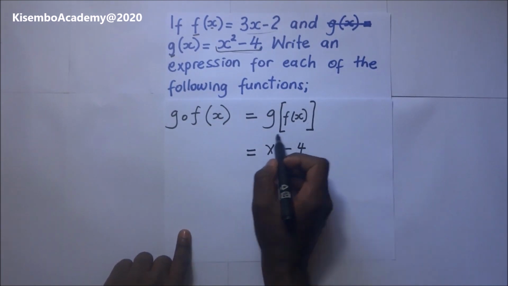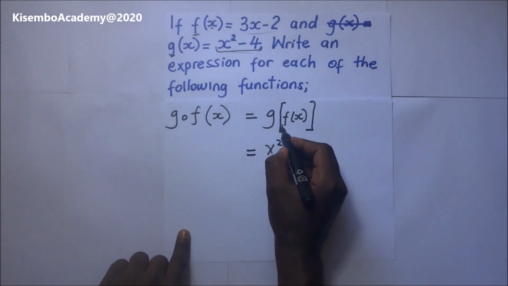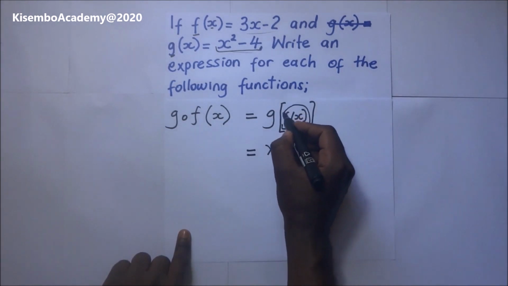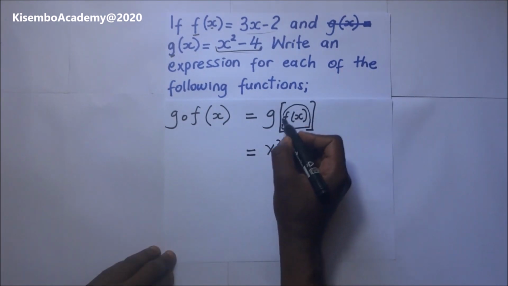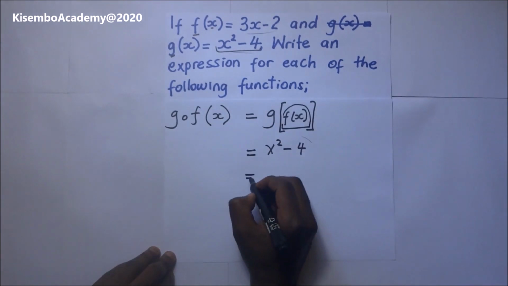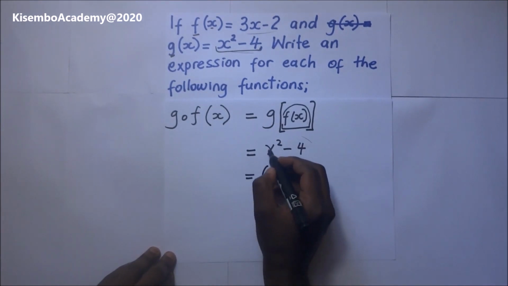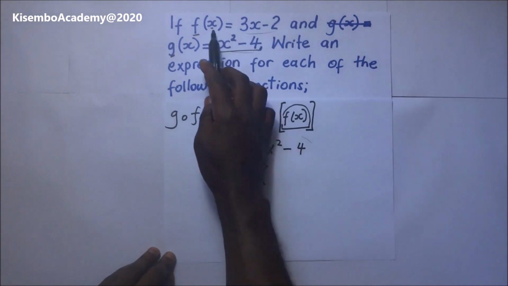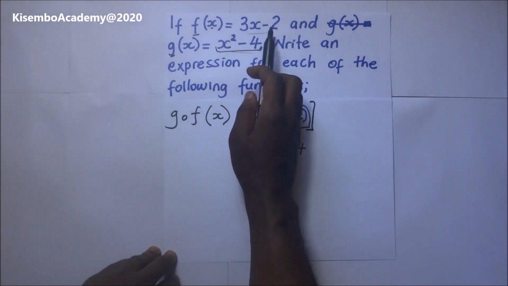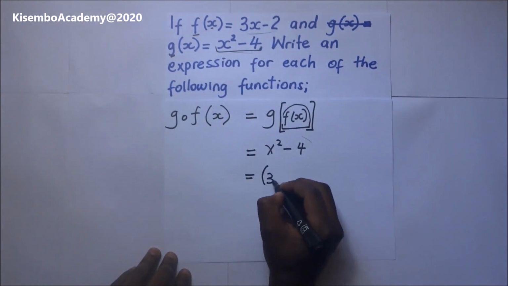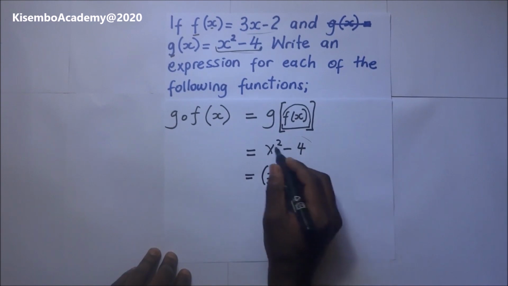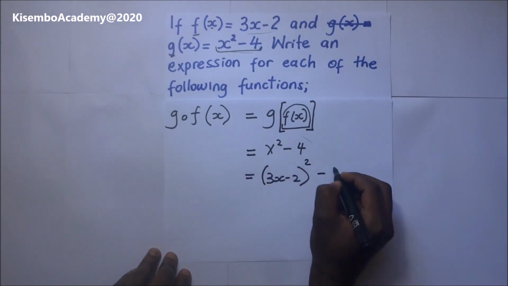Now, in the place of x, we are supposed to put another function called f of x, which is 3x minus 2. So we are going to put here 3x minus 2, squared, minus 4.